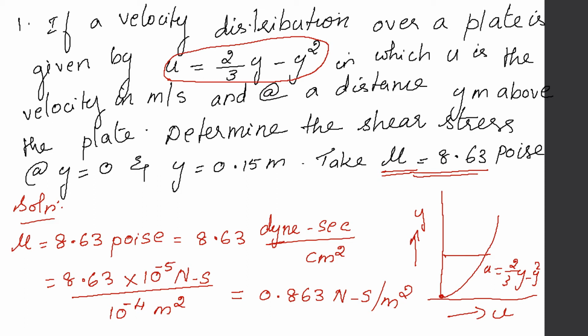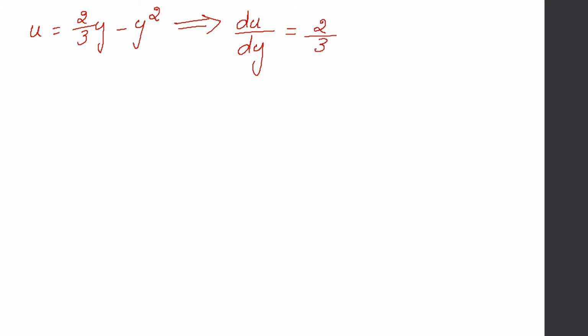Now our velocity profile is given as u is equal to 2 by 3 y minus y square. Now we will differentiate this. Differentiating with respect to y, we get du by dy is equal to 2 by 3 minus 2y.